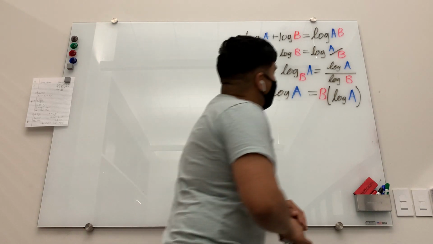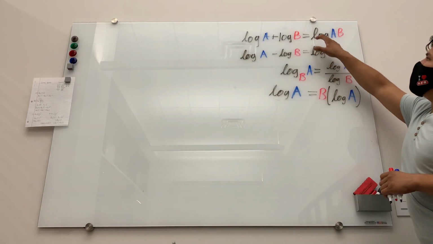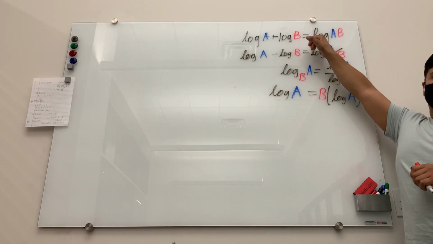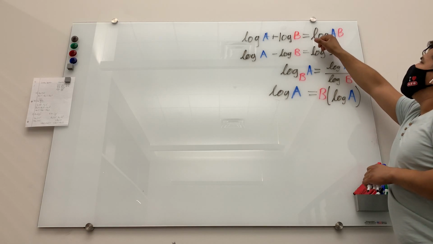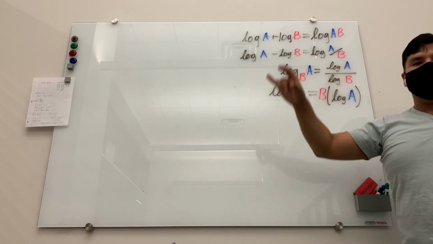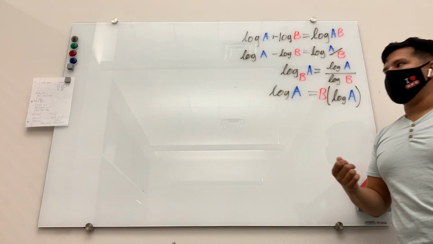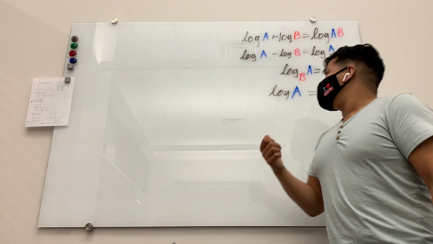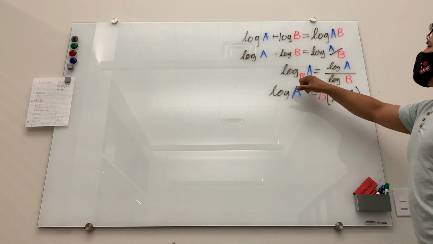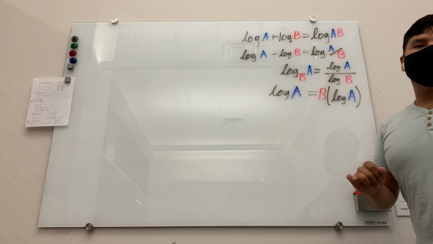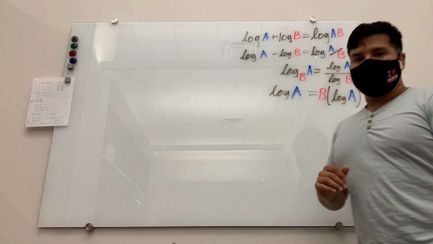The first property here is if we have the log of base 10. All these here are the same base, and that's something else you want to keep in mind. The only one that has a different base is this one right here, which is log base b. I'll get to that when we get there though.